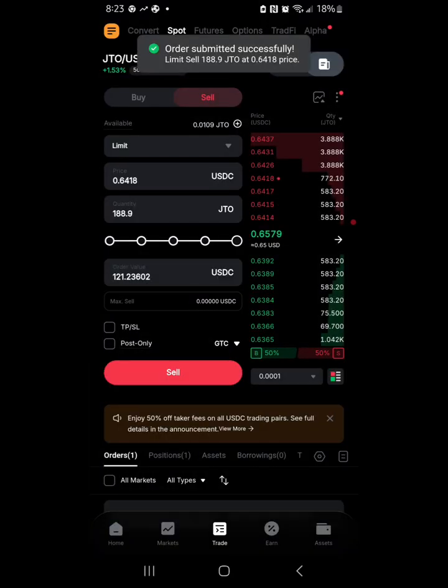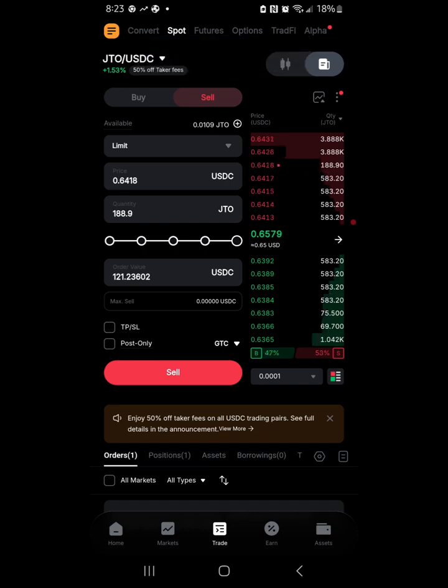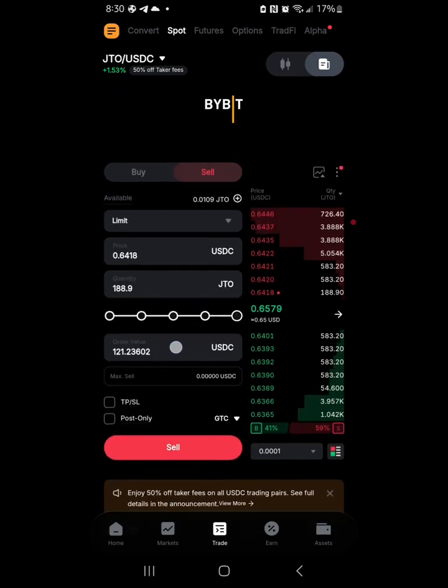Our obligation is to sell it off at the current market so that you wouldn't get to expose yourself to any sort of volatility, because our obligation is not to expose ourselves to the volatility of the market, so that you will not be exposed to any potential risks. So try to sell it off at the current value of the market so that you can retain your little profits.